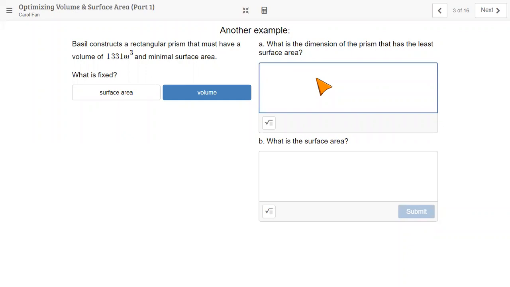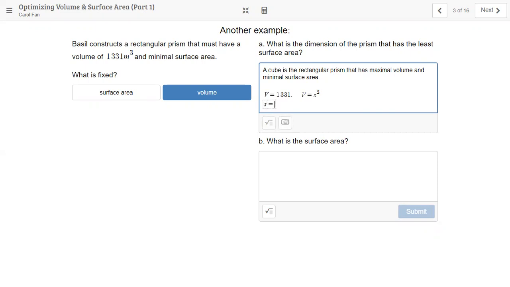So we know that a cube is the rectangular prism that has the maximal volume and minimal surface area. So because that's the case, let's write our equation, where volume is 1,331 and volume is also side cubed.